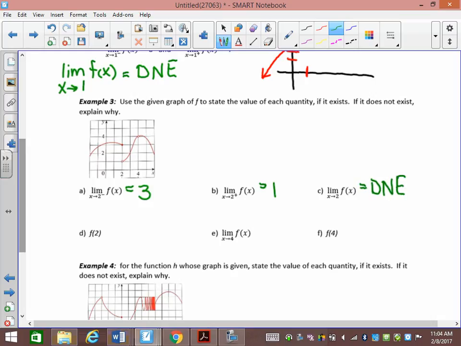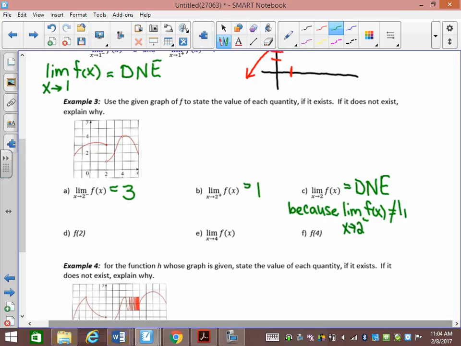Well, I'd say because the limit as x approaches 2 from the left of f of x does not equal the limit as x approaches 2 from the right of f of x. That's how you'd explain it.